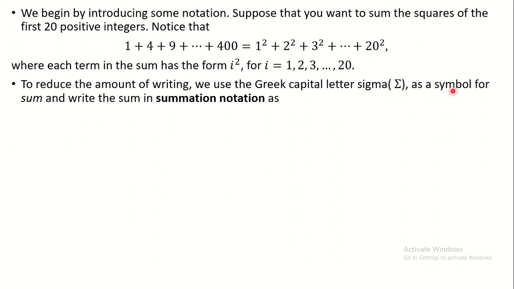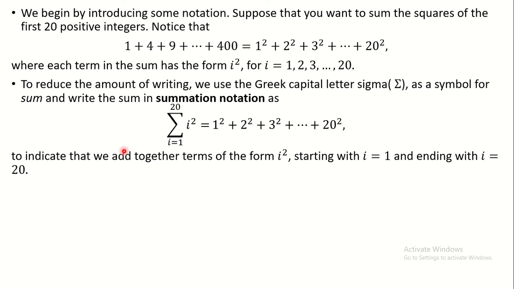We use this as a symbol for sum and write the sum in summation notation as the summation of i squared from i is equal to 1 up to 20 is equal to 1 squared plus 2 squared plus 3 squared plus up to 20 squared, to indicate that we add together terms of the form i squared, starting with i is equal to 1 and ending with i is equal to 20.